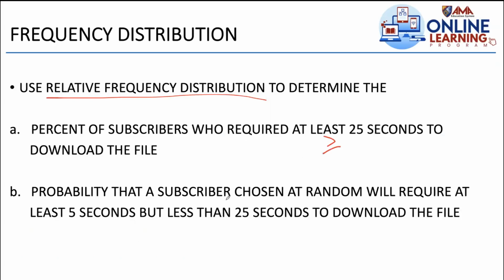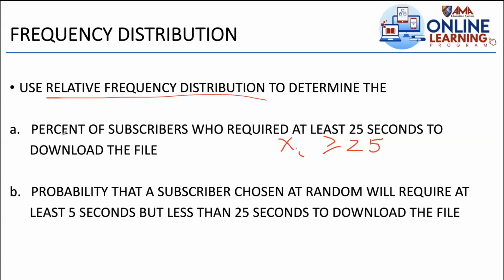Probability that the subscriber chosen at random will require at least 5 seconds but less than... So if our data value is x sub i, we want x sub i to be greater than or equal to 25, something like that. So we want to count all those data values from our raw data which are greater than or equal to 25, in percent.